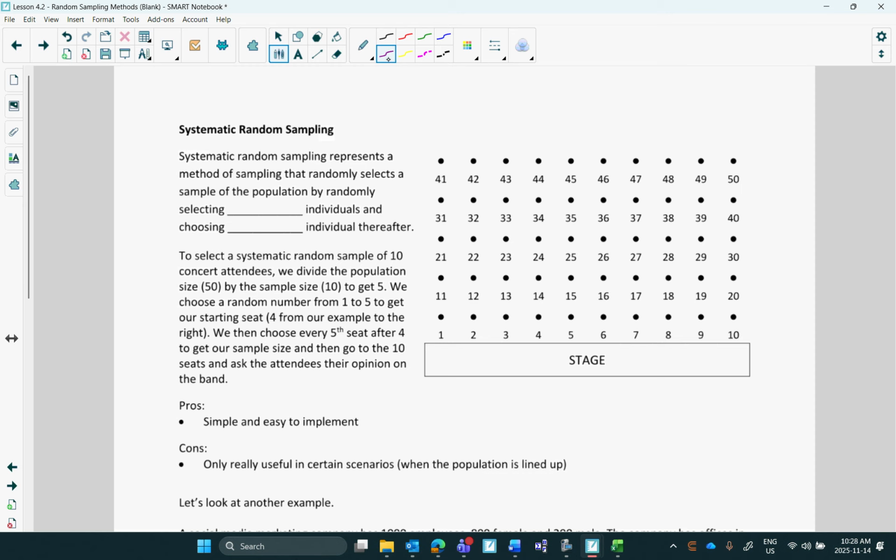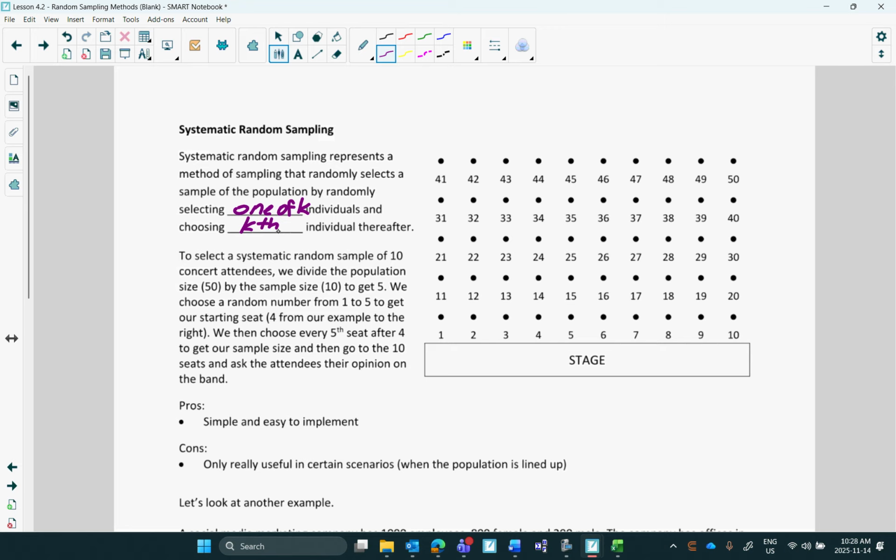Just to start, systematic random sampling is a method that randomly selects a sample of the population by randomly selecting one of k, and then every kth individual after.